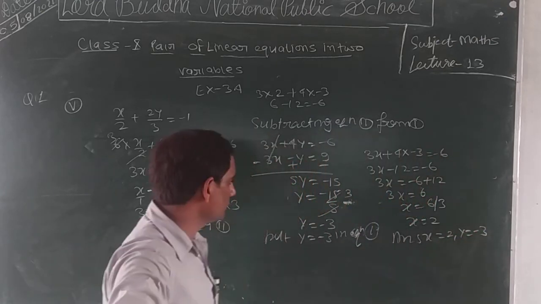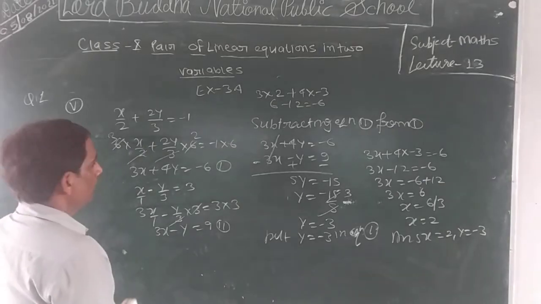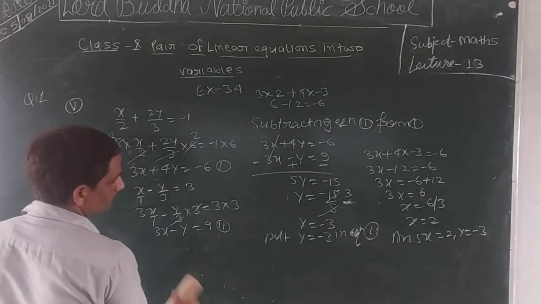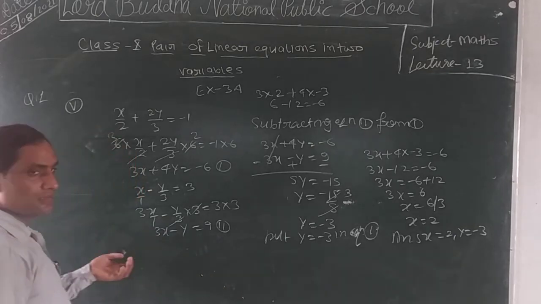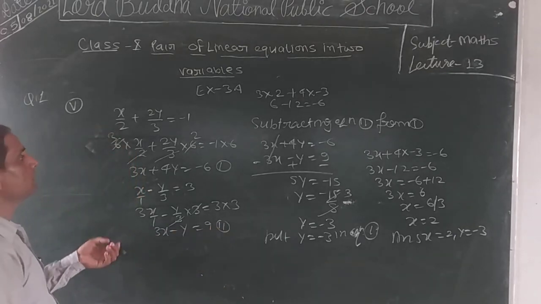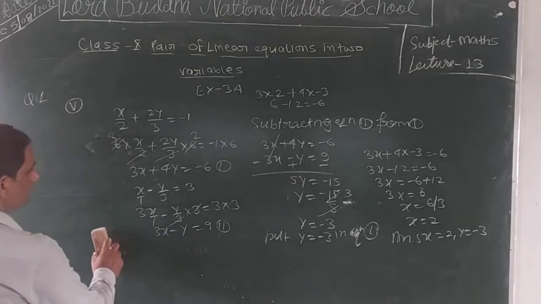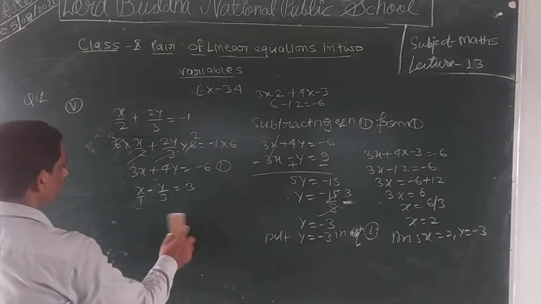Now, we solve it by the substitution method. Okay, by the elimination method we solved and found the value of x and y. Now we solve this equation by the substitution method. Okay, see here.